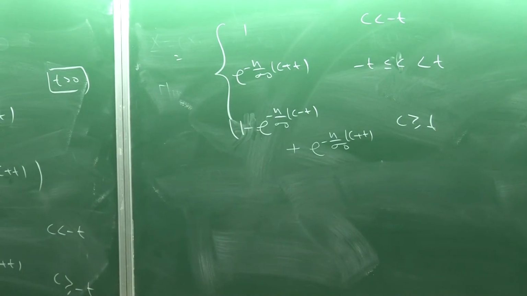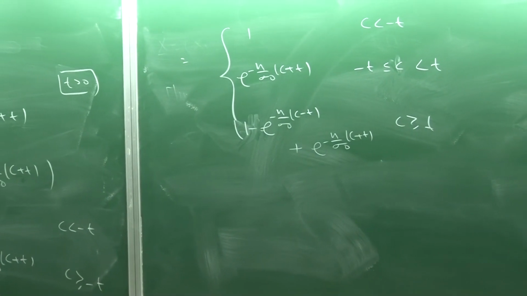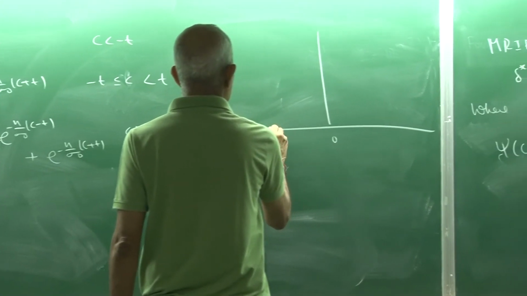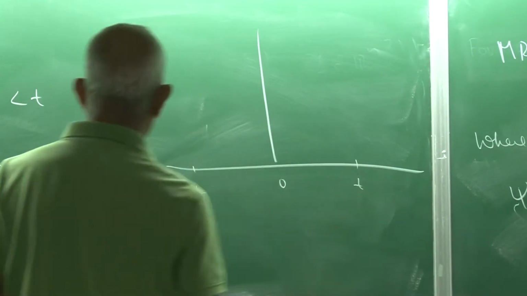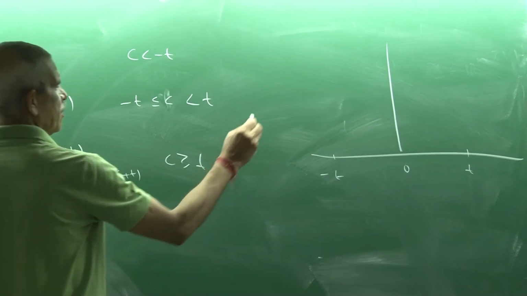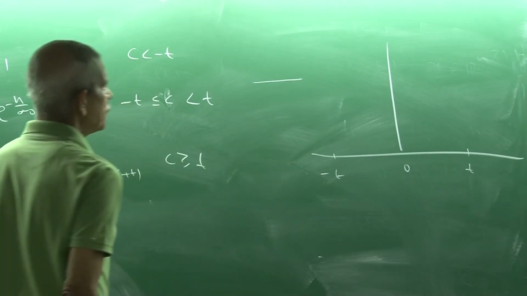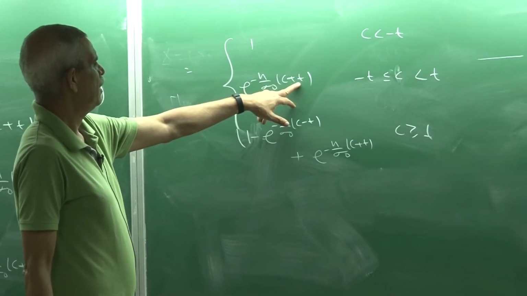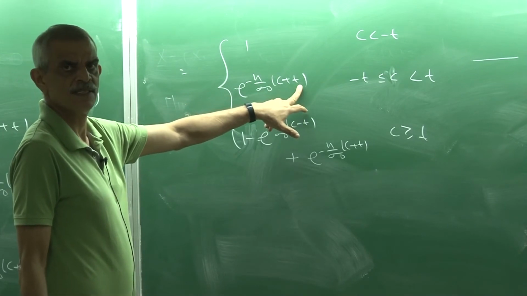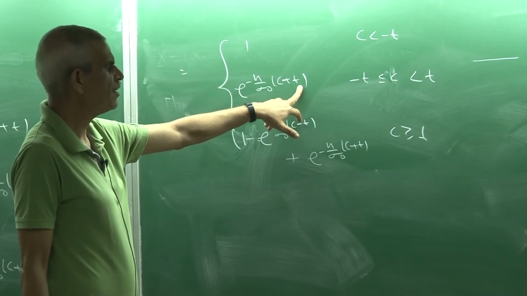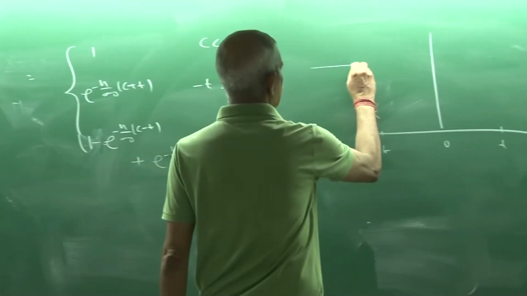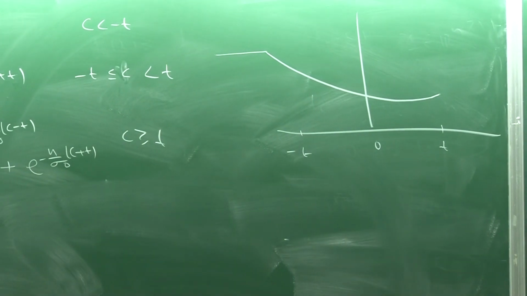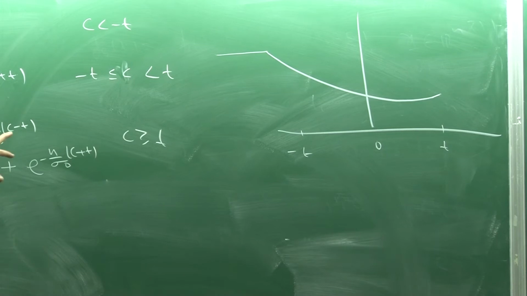So this is a function. I have to find the minimizing c. Let us see what is the behavior. So you have a 0 over here, let us say minus t over here and t over here. For c less than minus t, it is a constant function. For c between minus t to t, it is e to power minus n by sigma naught (c plus t), which is a decreasing function of c. So you get like this. Then what happens for c greater than or equal to t?